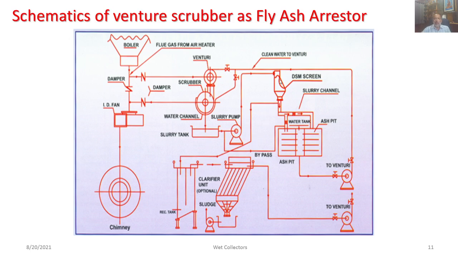Also, as it passes through specially designed DSM screens, some of the water content can be stored, or otherwise it can be treated through clarifier operations so that it can again be recirculated towards the venturi.